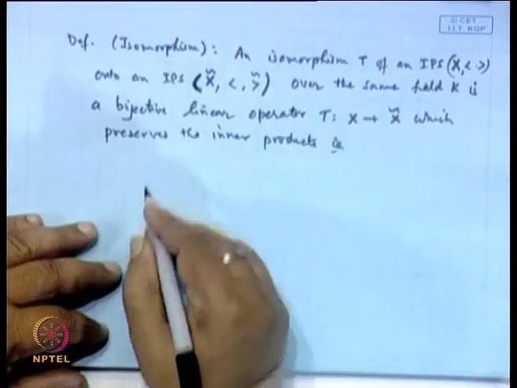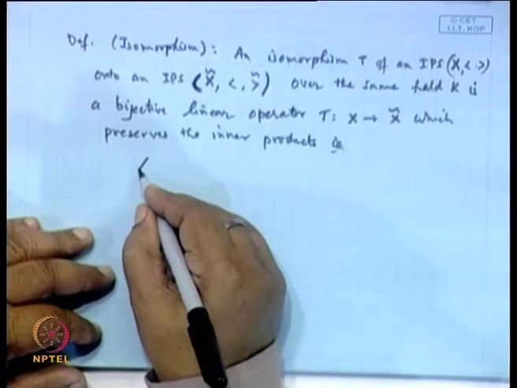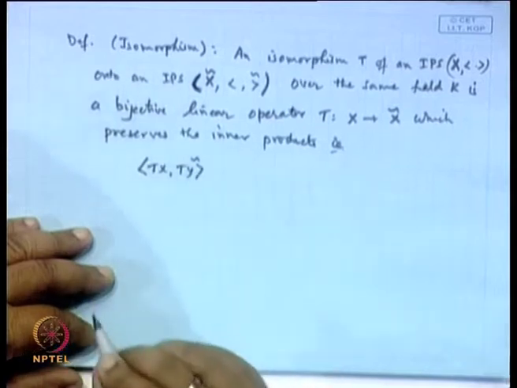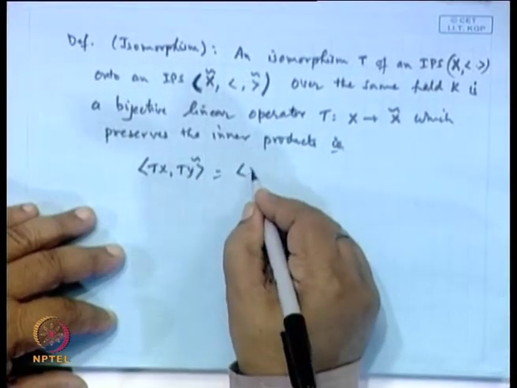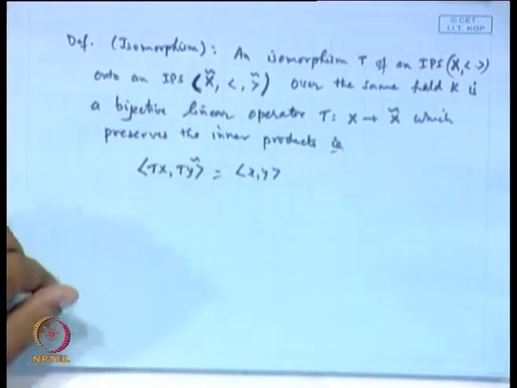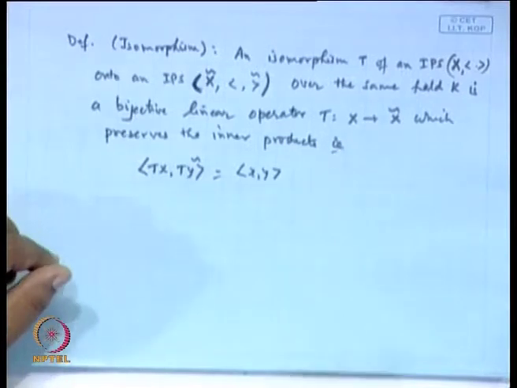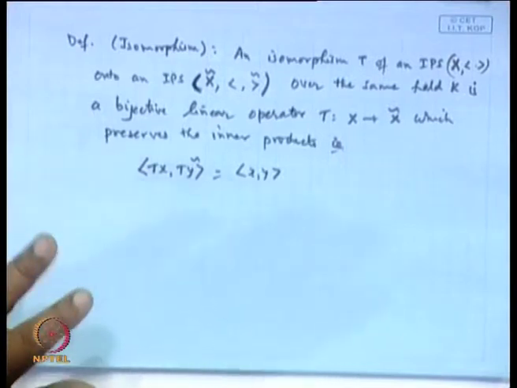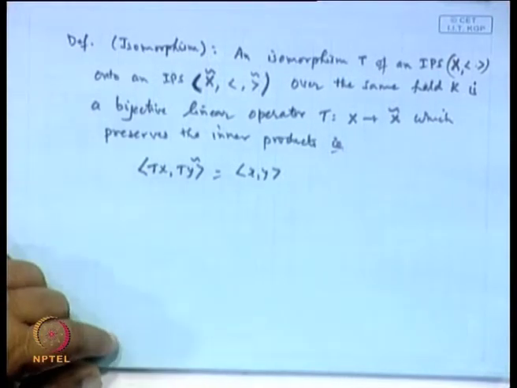That is, the meaning is the inner product of Tx and Ty under this inner product will be the same as that of x and y. Then we say it is the isomorphism operator. So, T must be 1-1, T must be onto, and it preserves the operation.